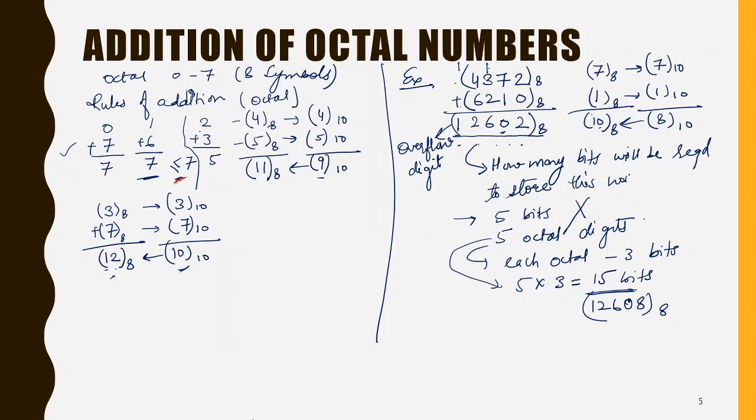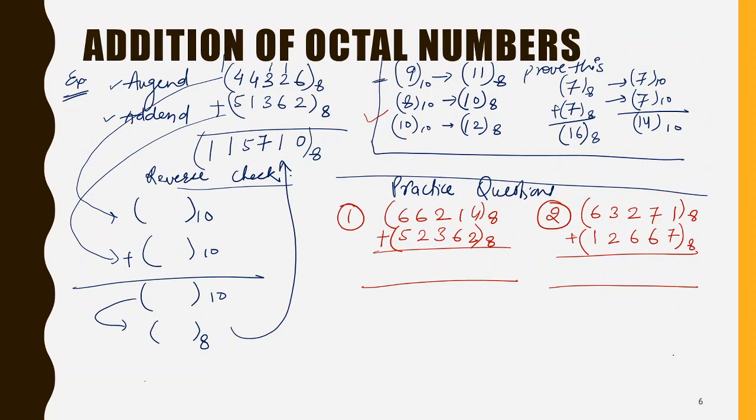But if the summation is more than 7, as happens here, you have to convert the digits individually into decimal, get the summation in decimal, and then convert it into octal. The LSB gives you the actual digit here, and the second digit gives you the carry. This is how you are going to perform the addition of octal numbers.